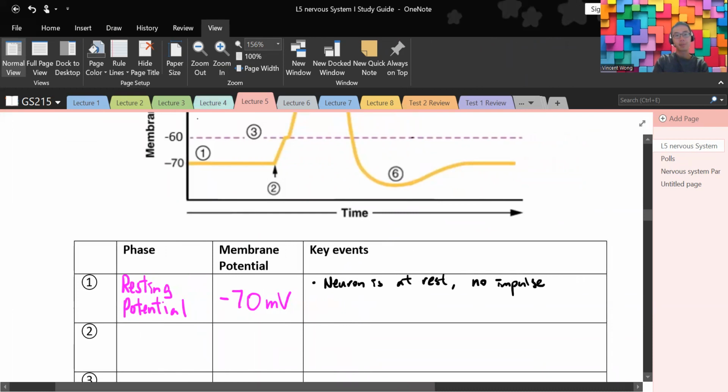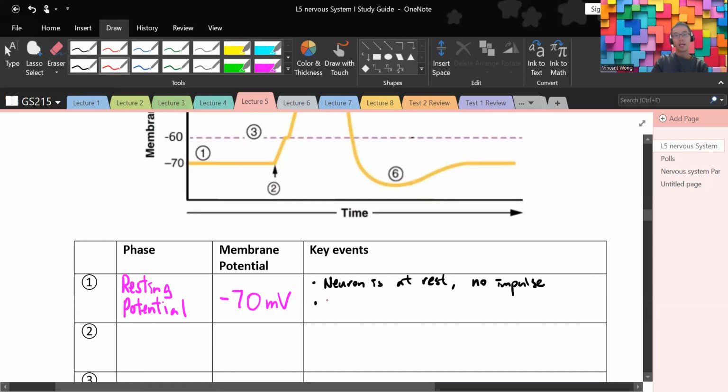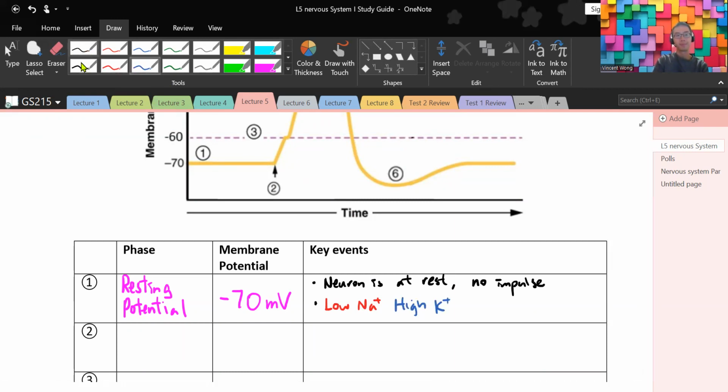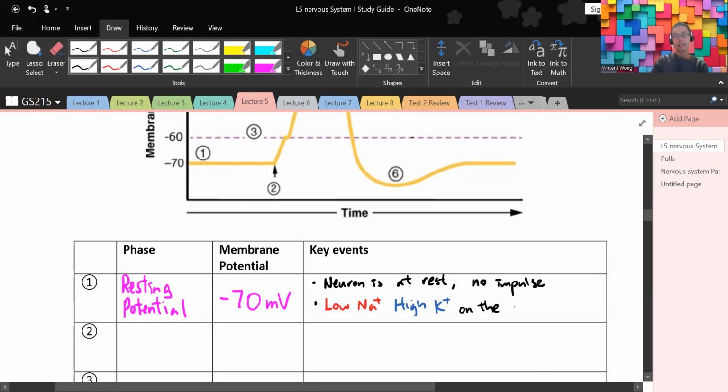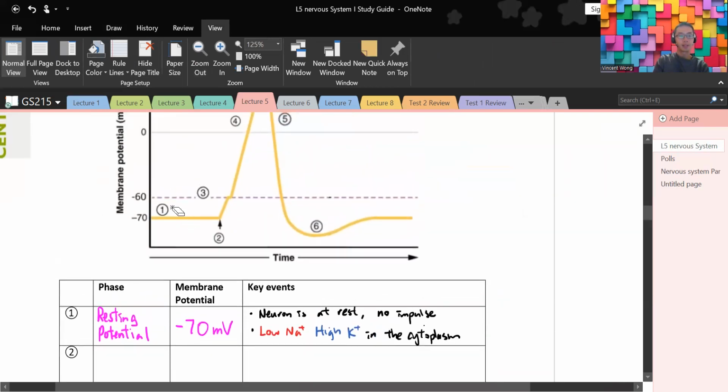At this point, on the inside of the neuron, we have low sodium and high potassium, in the cytoplasm. It's always going to be about the inside unless otherwise specified. So that's basically what's happening.